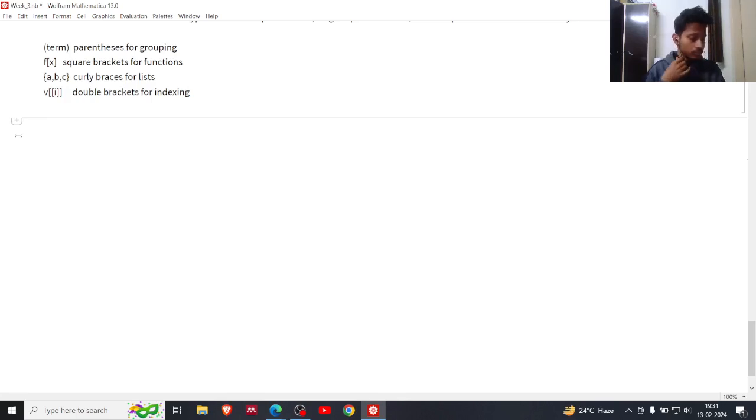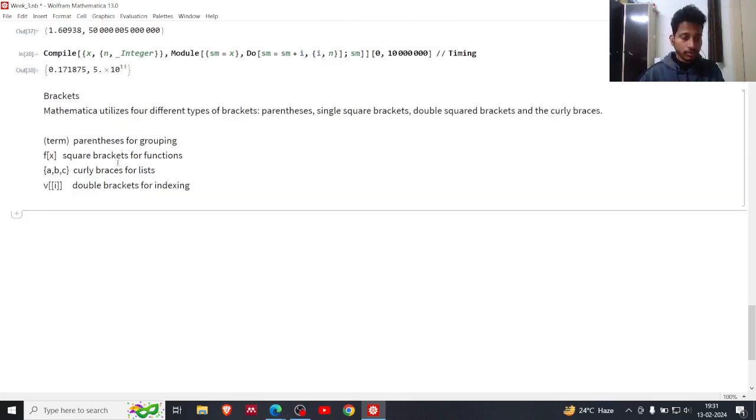So parentheses are used to change the priority or precedence of different operators, like in other programming languages. Also to group together a block of operators which we want to be considered as a single composite operator. Curly braces always mean a list. They are equivalent to the literal command List.